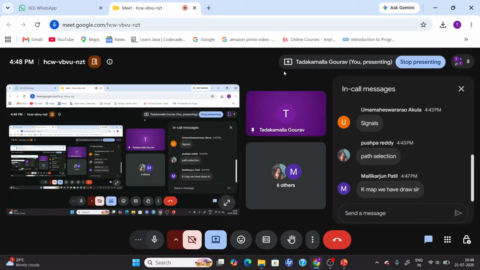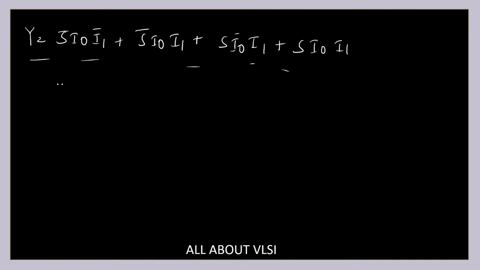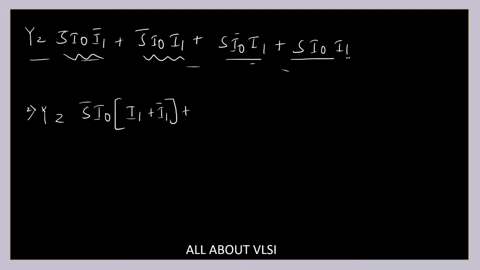We can also draw the K-map, or we can directly solve it using the equations. Any method you can use to solve the equation for y. In these first two terms, if I take S bar I0 common, I1 plus I1 complement cancels out. If I take S into I1 common from the other two terms, I0 cancels out.